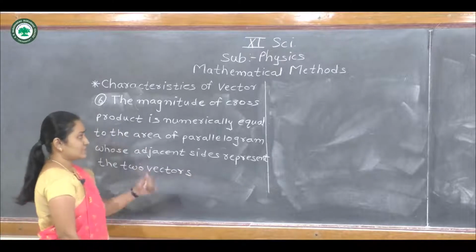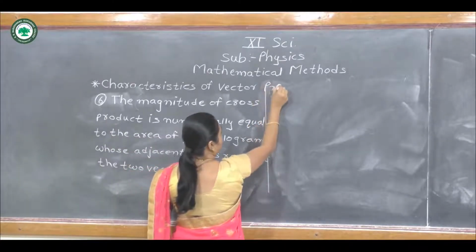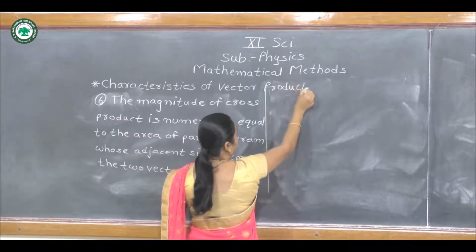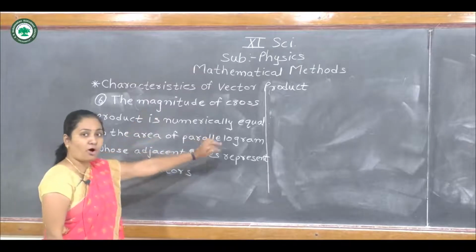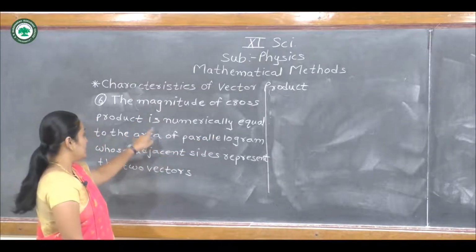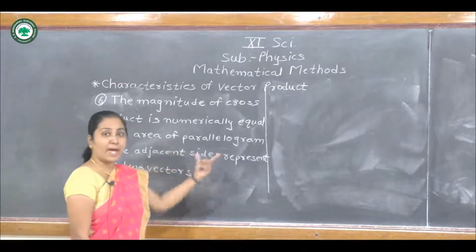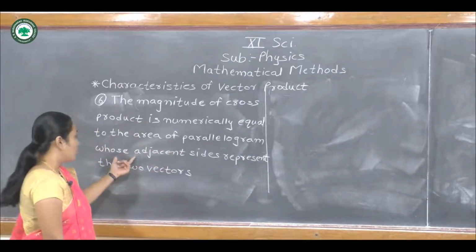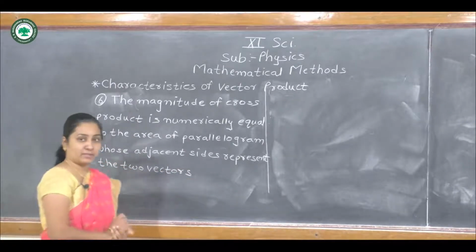So this is the 6th characteristics of vector product.